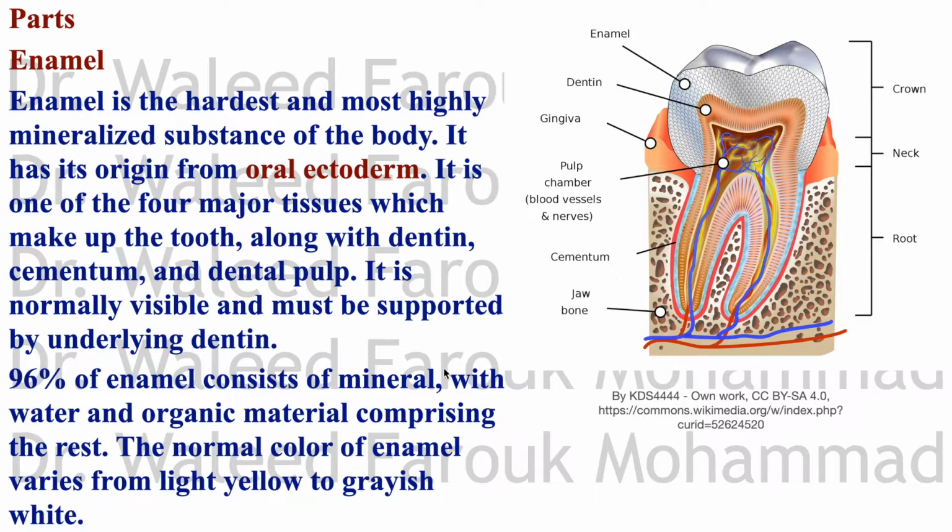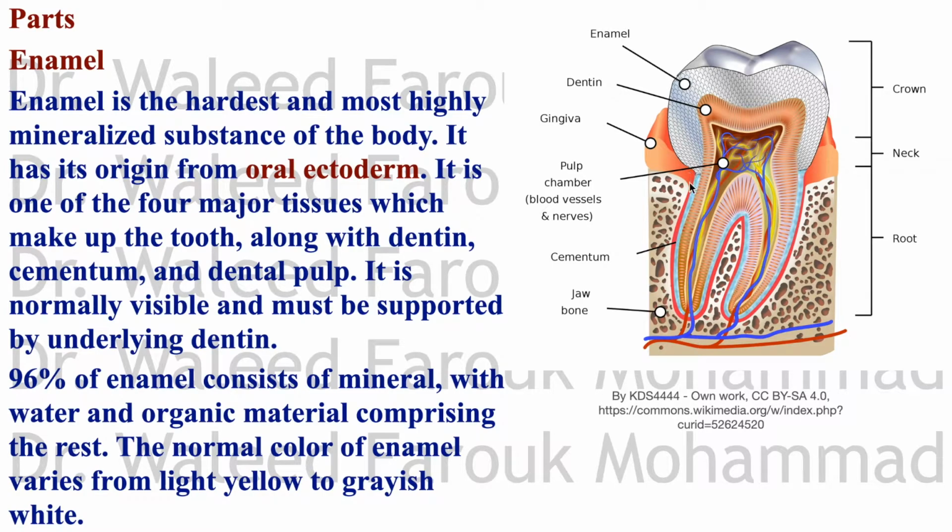Parts of each tooth. The enamel is the outer part that covers the crown and is the hardest and most highly mineralized substance in the body. It develops from oral ectoderm, and it consists of 96% minerals, with water and organic material comprising the rest, the 4% of composition.